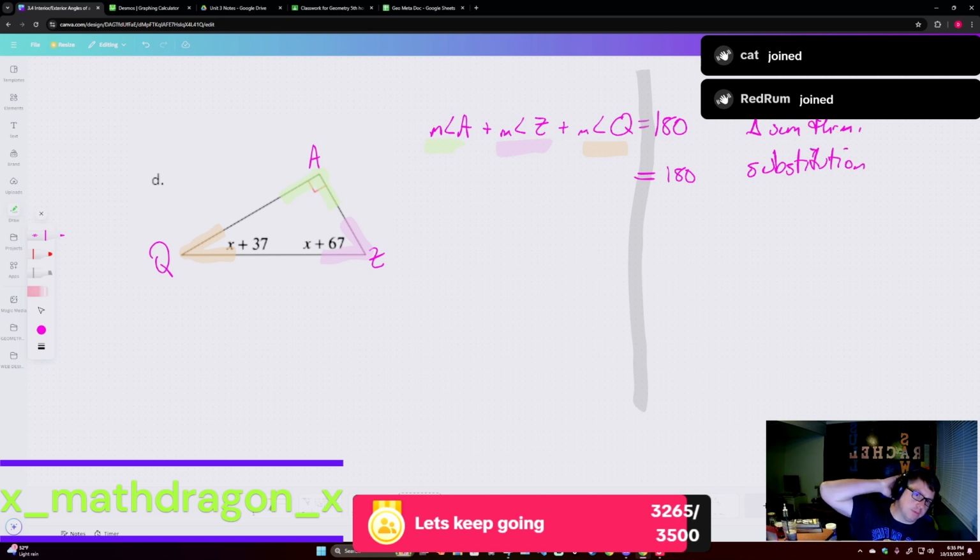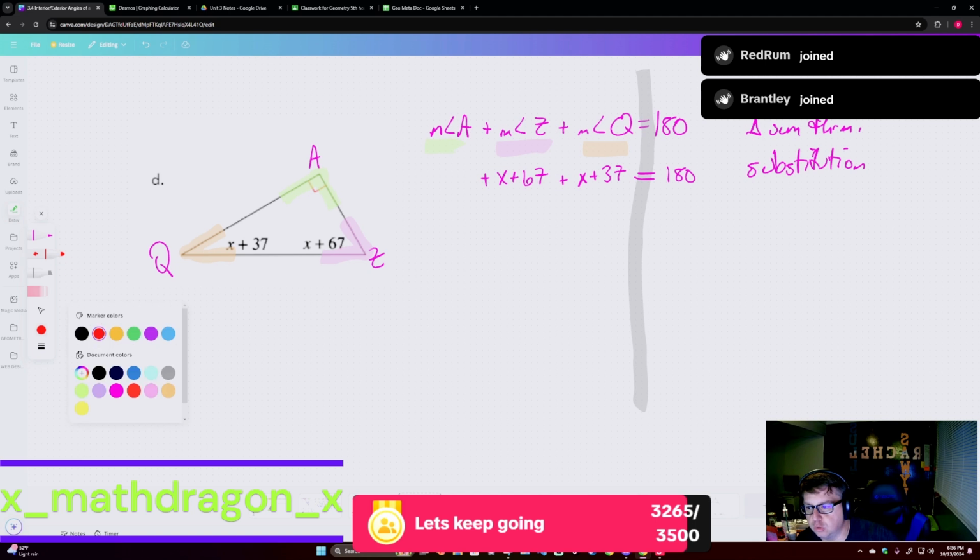Okay, so we're going to do substitution. We're going to take angle A, angle Z, and angle Q and substitute our values in of what they really are. So Q is going to be x plus 37. Z is going to be x plus 67. And then angle A is going to be your vocabulary history lesson. You do need to know what this represents right here.